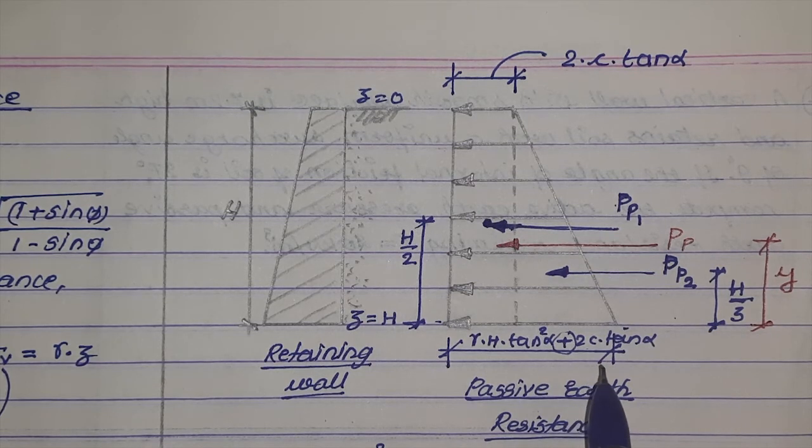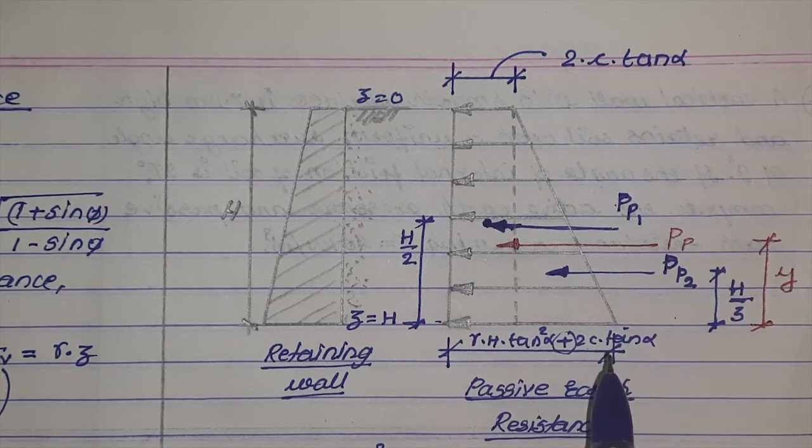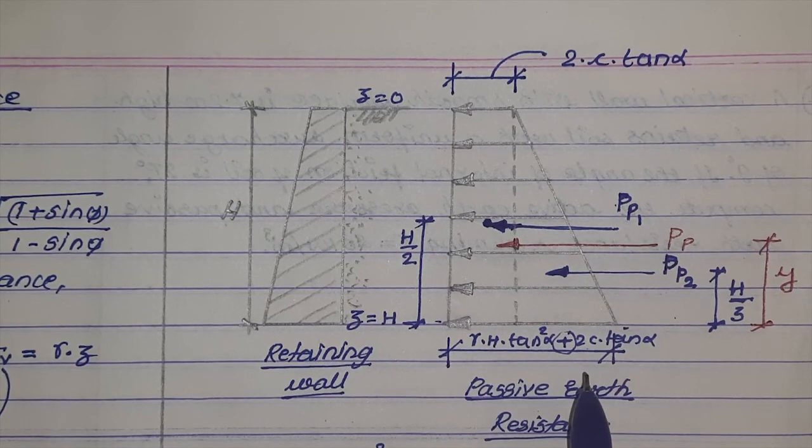So always remember, in the case of active thrust for c-phi soil, cohesion has a tendency to reduce the pressure, whereas in the case of passive earth resistance, the tendency of cohesion is to increase the pressure. Alright, so thank you for the day.